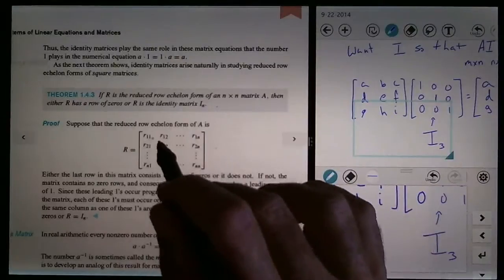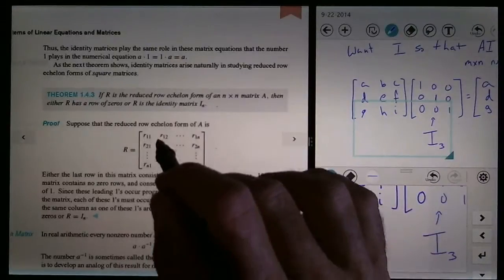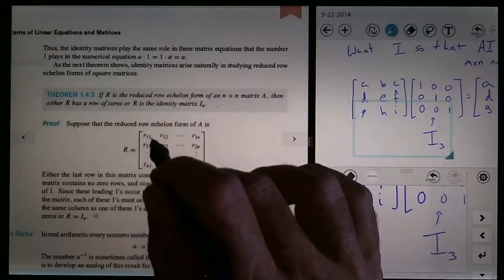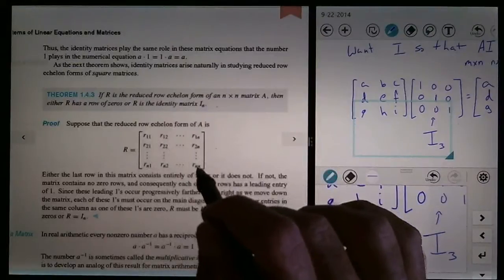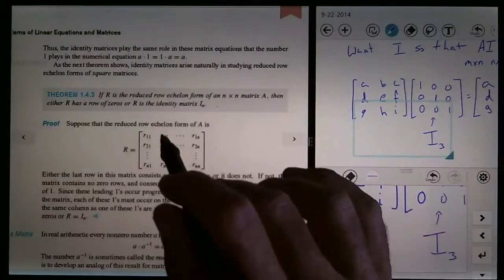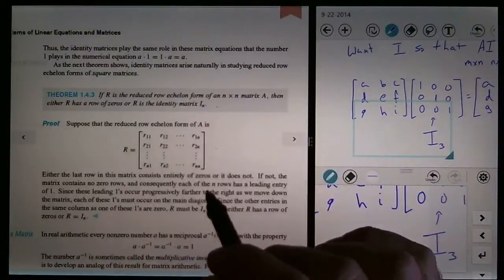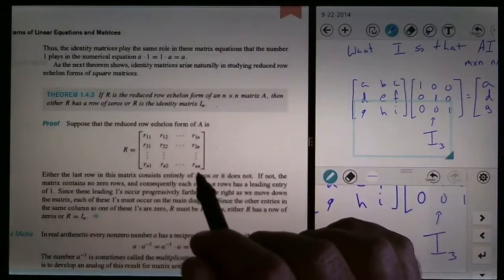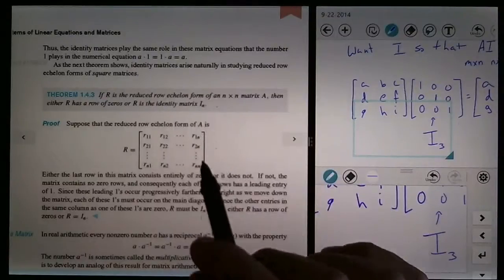And they have to go diagonally downward, so you have to have 1s on the main diagonal here. And since it's reduced row echelon form, above and below any of those leading 1s has to be all zeros, which makes it an identity matrix, I sub n.